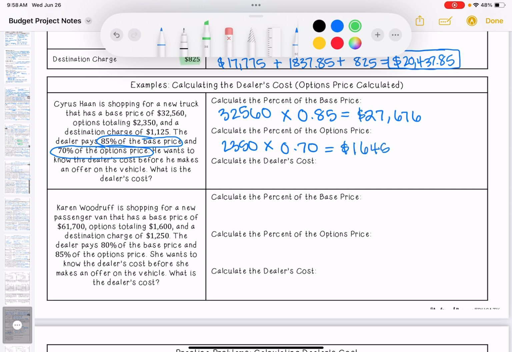Now, for the dealer's cost, I'm going to add up those two numbers and our destination charge of $1,125. So I'm going to add up all those prices, and it's going to give me $30,446.